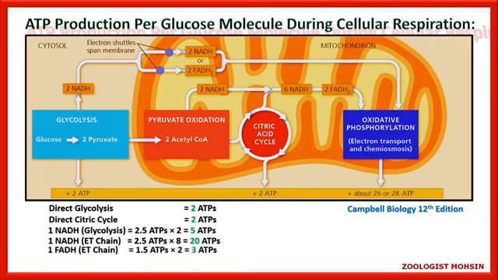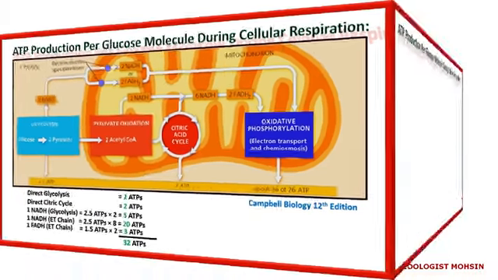Similarly, one FADH2 from the electron transport chain produces 1.5 ATPs, and there are 2 FADH2, so the total ATP produced will be 3. By adding all these numbers we get 32 ATPs. So that is the basic claim of Campbell Biology 12th edition: 32.